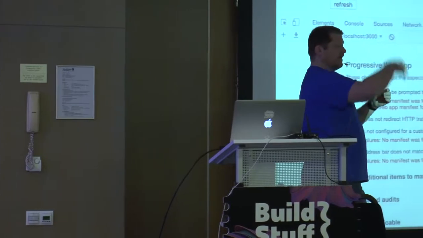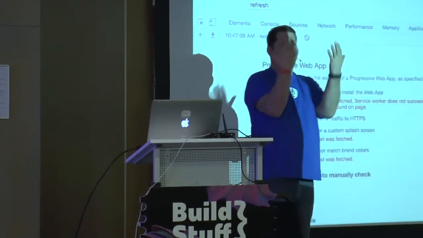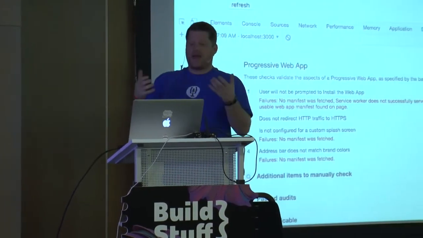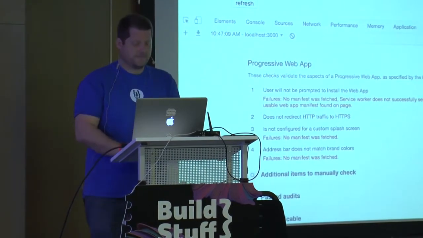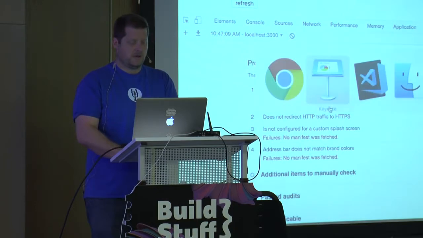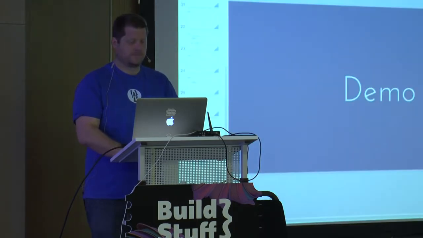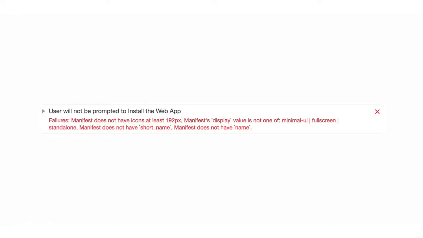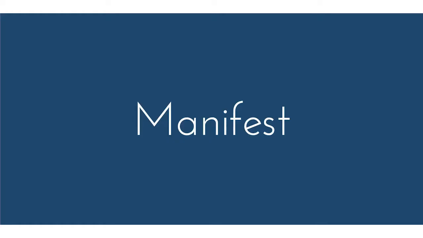I want this thing on my desktop so I can just click on it, it's going to come up, it's going to work. Notice it says no manifest was fetched. So manifest is broken. So let's talk about a manifest.